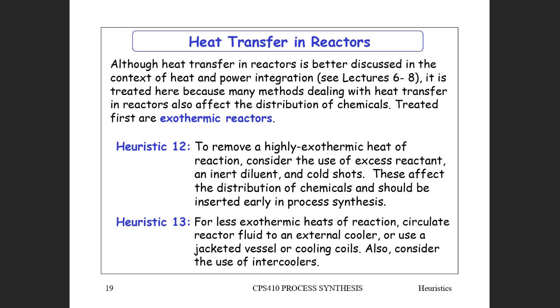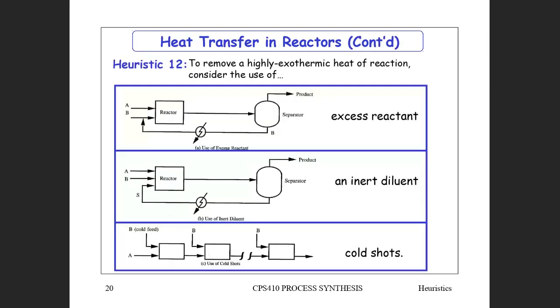For less exothermic heats of reaction, circulate reactive fluid to an external cooler, or use a jacketed vessel or cooling coils. Also, consider the use of intercoolers. I'll show you the intercoolers. This is for highly exothermic heats of reaction.